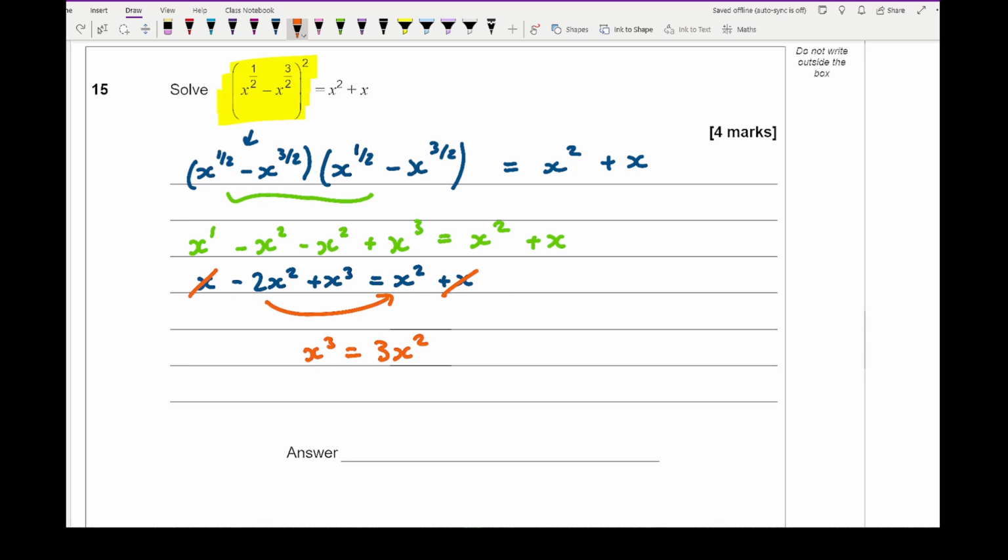Then from this, what I want to do is not divide by x. I want to take it all onto one side. So that becomes x cubed minus 3x squared equals 0. Factorise this, so take x squared out. And that leaves me with x minus 3 equals 0. And then I can solve. So either x equals 0 or x equals 3.